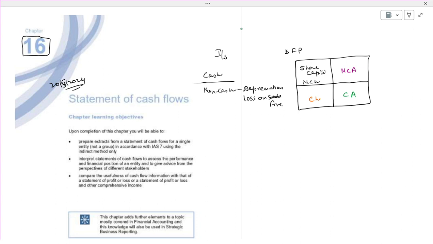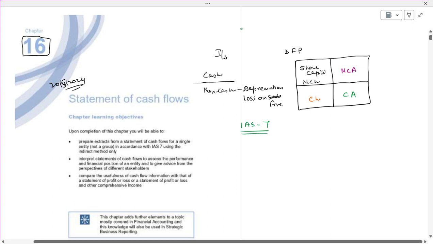Now, for the cash flow statement, I am giving you a summary of the first 7 pages. We are preparing the cash flow statement as per IAS 7. When preparing the cash flow, only cash matters, nothing more, nothing less. If it is cash, you have to show it.